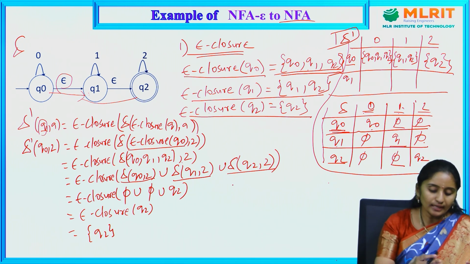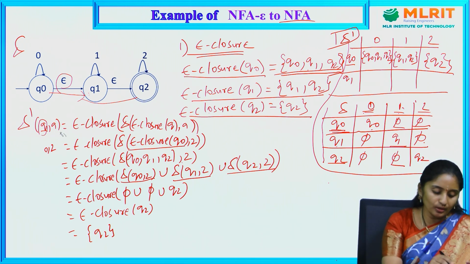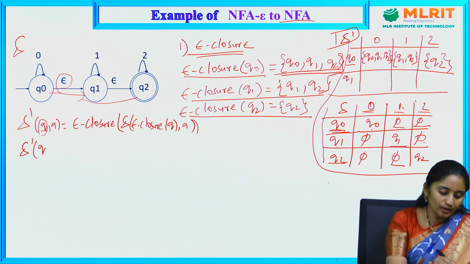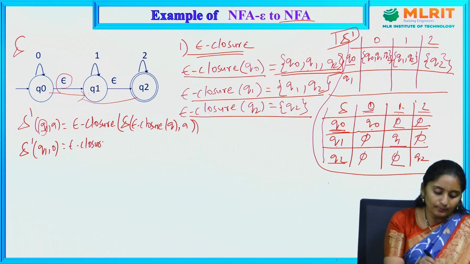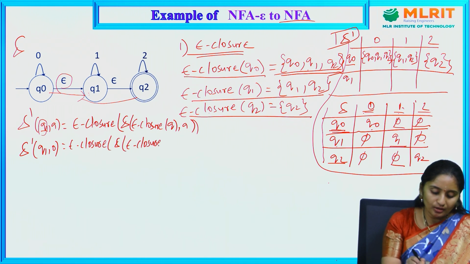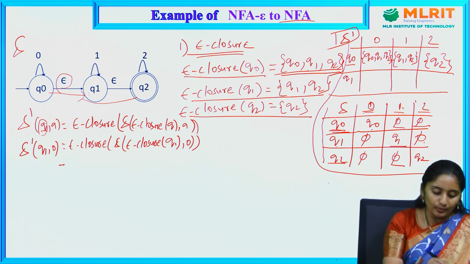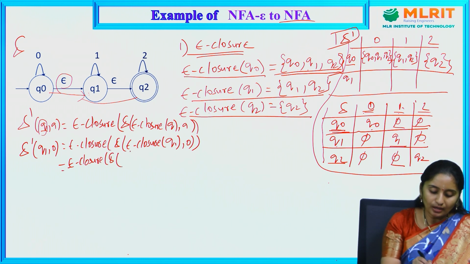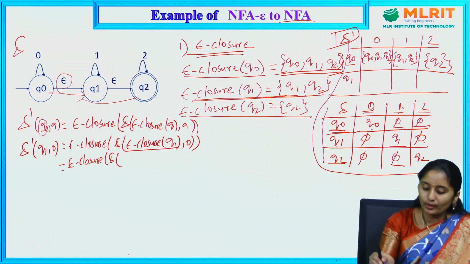Clear? So the next one is Q1 on 0 input. So delta dash of Q1 on 0 input is epsilon closure of delta of epsilon closure of Q1 comma 0 input. So epsilon closure of delta of epsilon closure of Q1, what I have? Q1 comma Q2 comma 0.